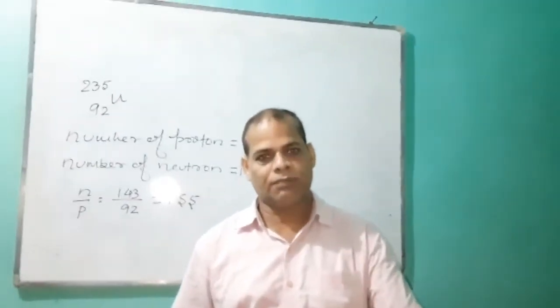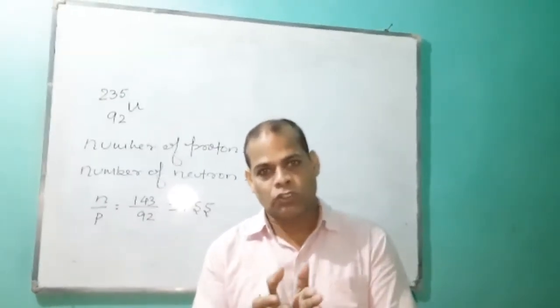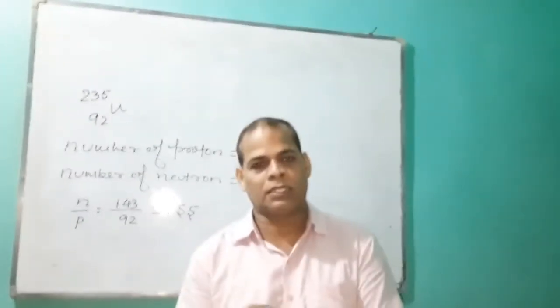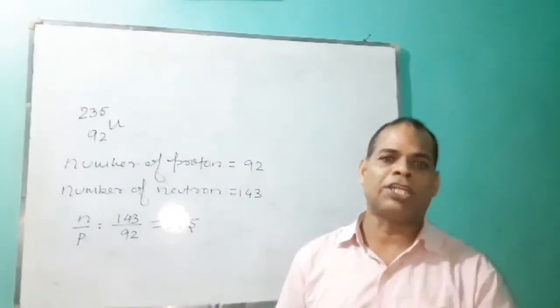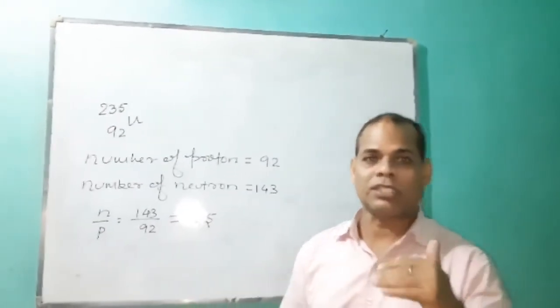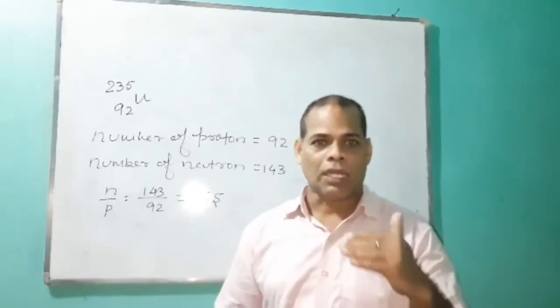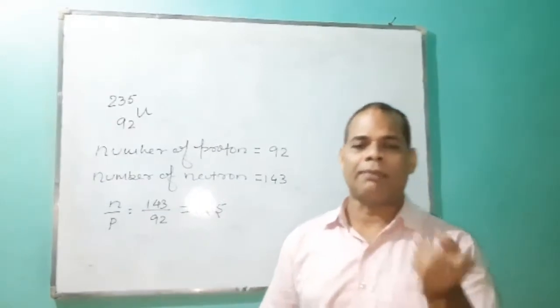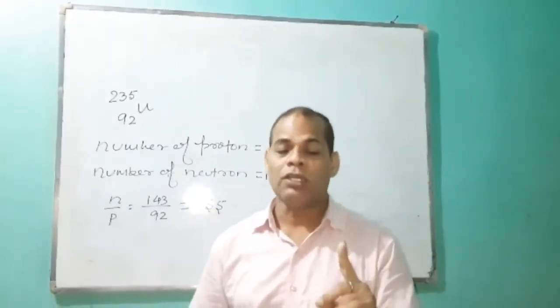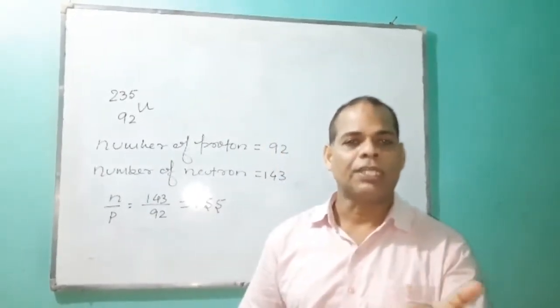As we are talking about the source of alpha particle, as I said, in the case of carbon 6C12, N by P is 1. So its nucleus is very stable.